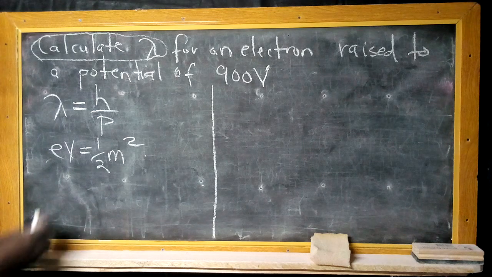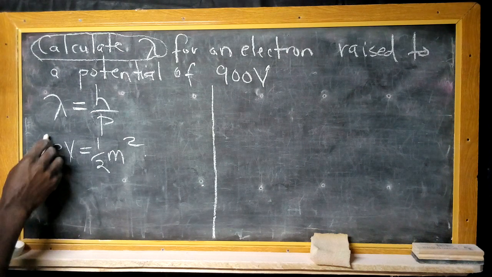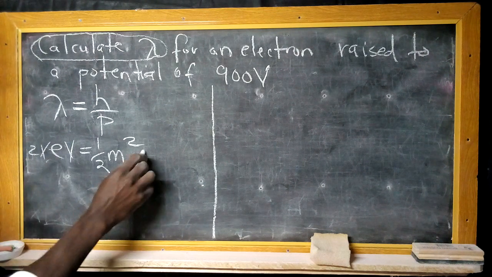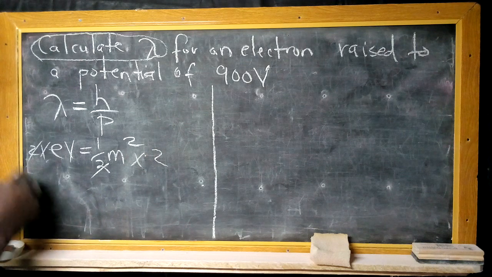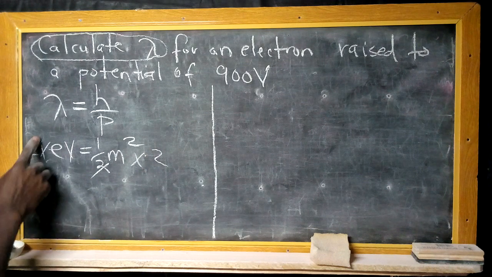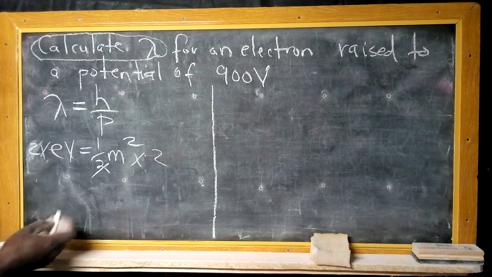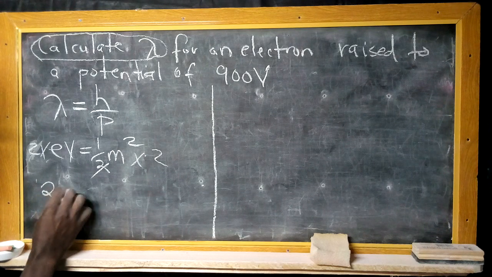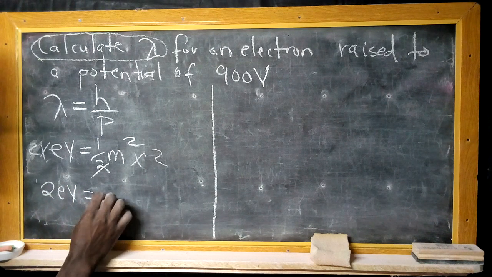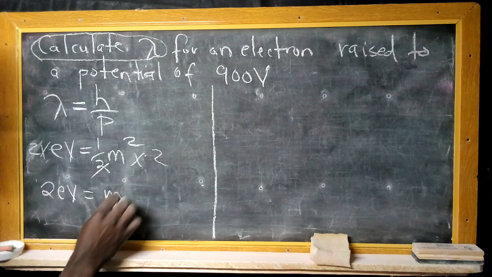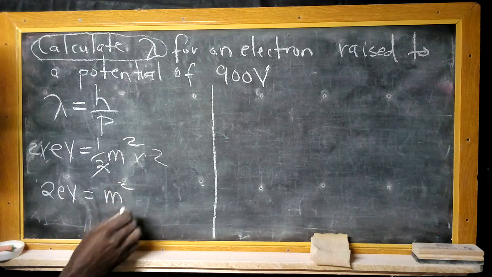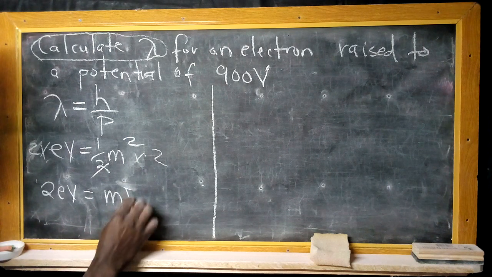Then we can simplify this equation by multiplying both sides by 2, so that we have 2eV equals mv squared.